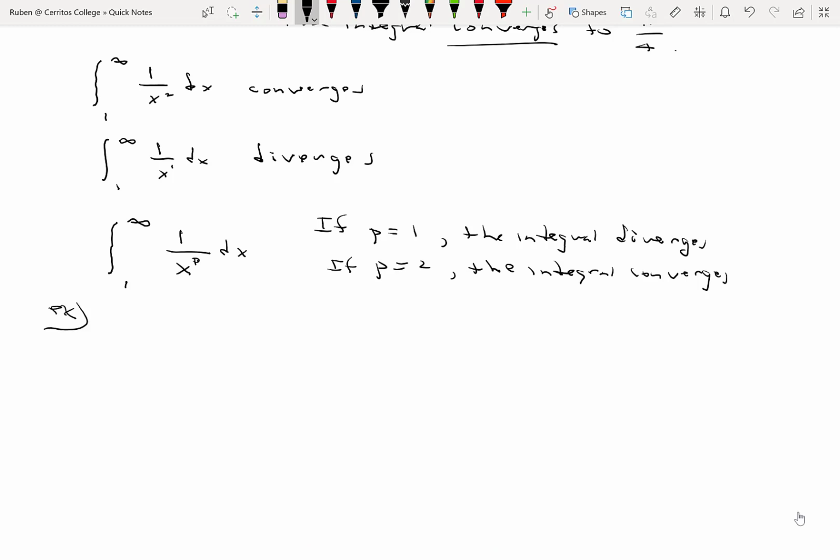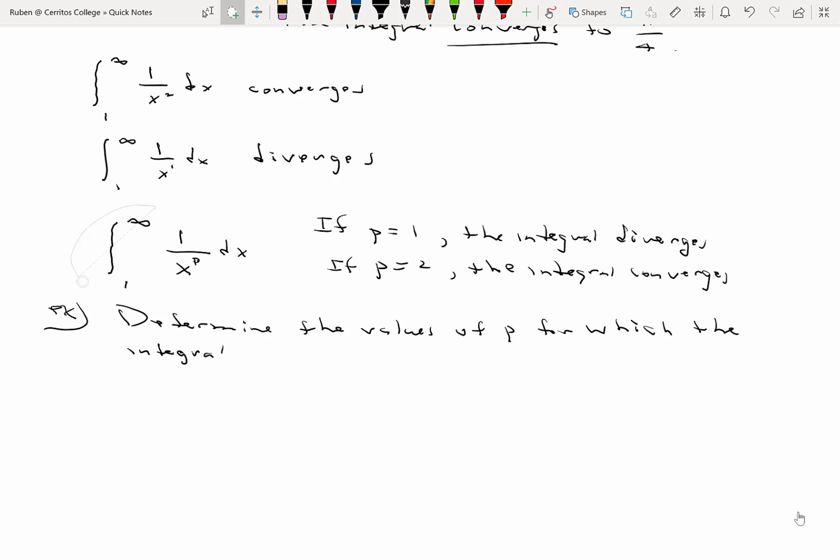Our next example is going to be to determine the values of p for which the integral converges.